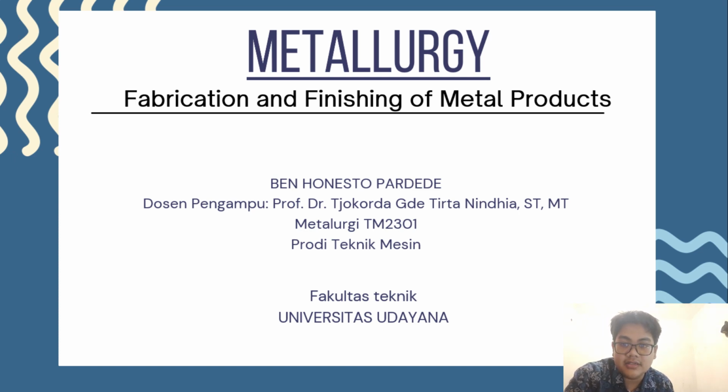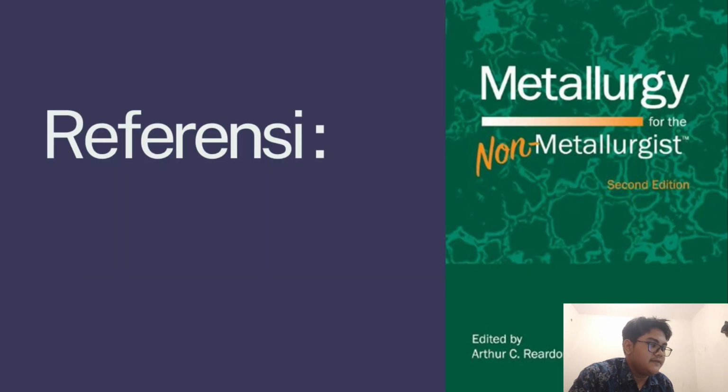I am a mechanical engineering student from Udayana University, and I'm here to present about metallurgy, fabrication and finishing of metal products. I got the references from Metallurgy for the Non-Metallurgist, edition by Arthur C. Reardon.